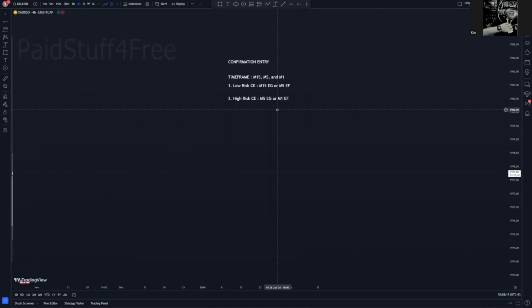Right now I know you guys want to ask me, which confirmation entry is the best one? Which is the strongest one, the weakest one? Which confirmation entry do we need to avoid?